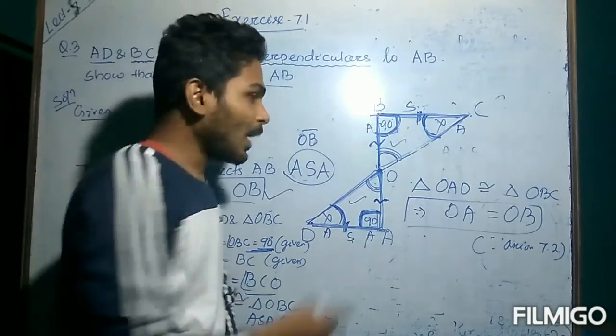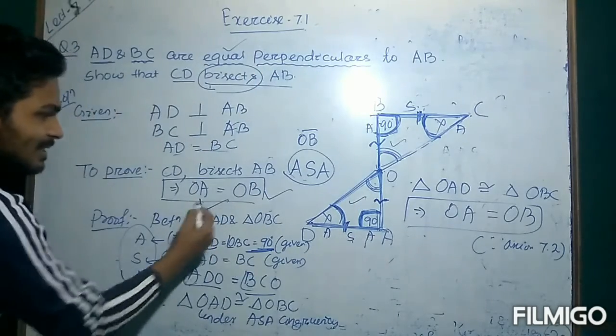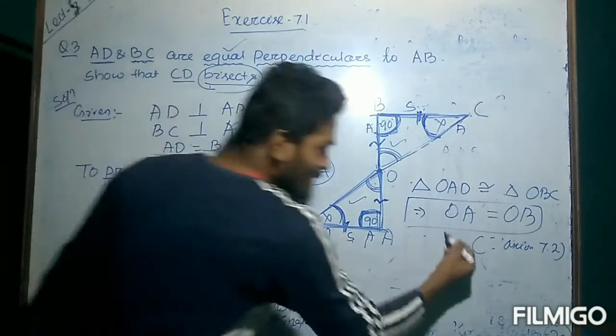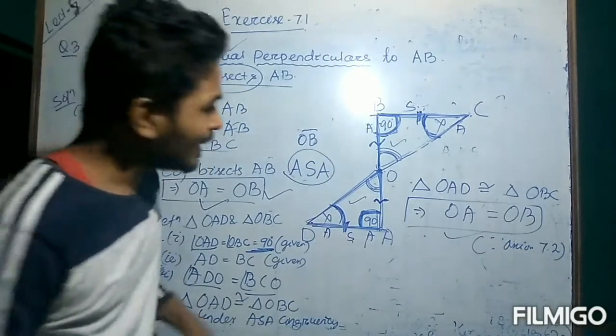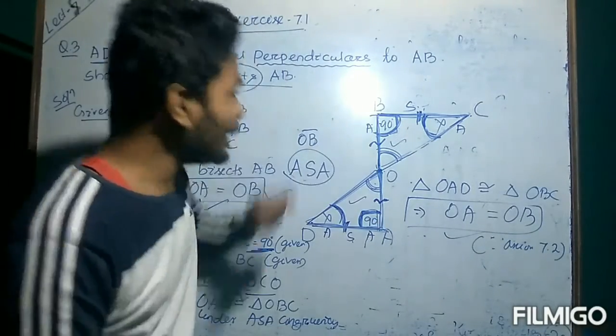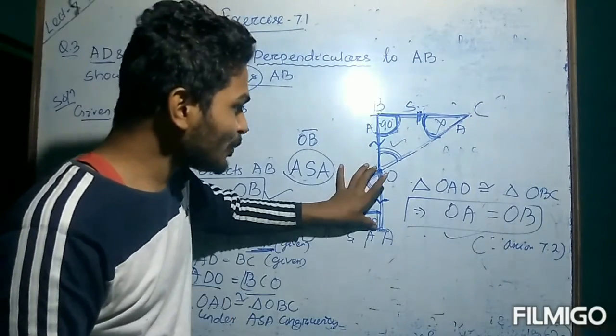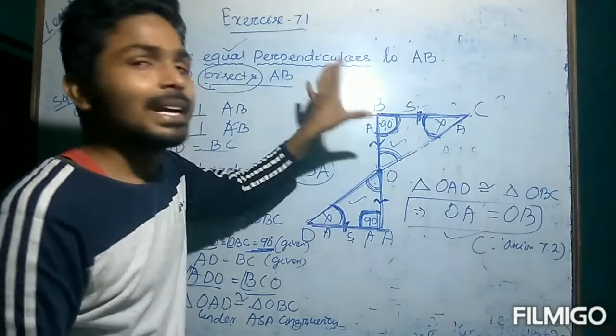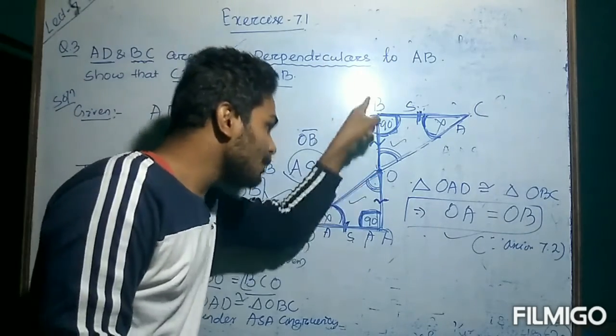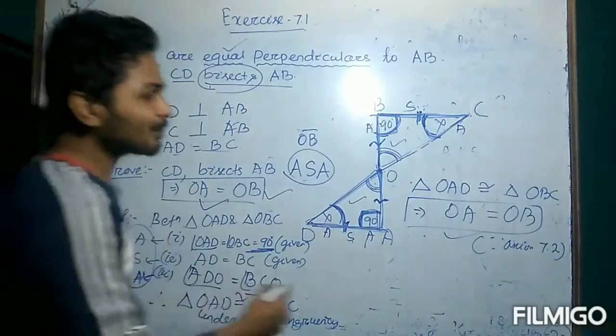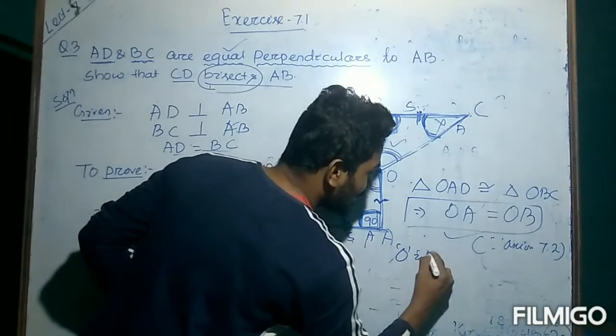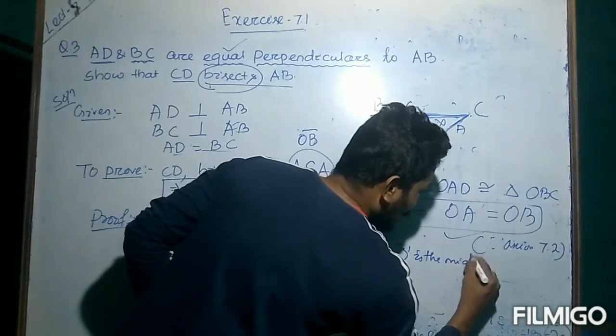Now it is clear, and this is the statement that we needed to prove. Here also we have proved it. We proved OA is equal to OB. It means the length of OA is equal to the length of OB, or you can say O is the midpoint of AB.